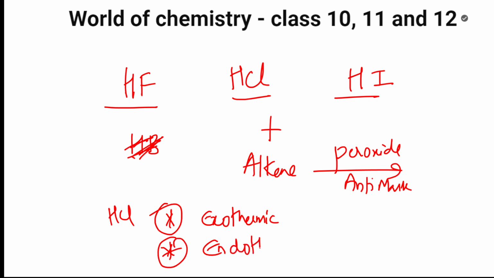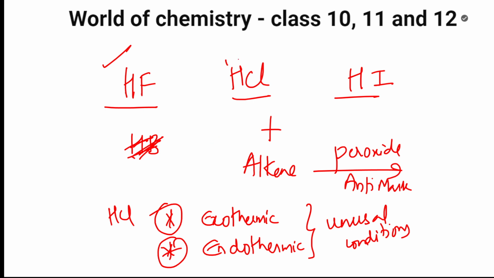So there is a lot of disturbance created; the system gets disturbed, exothermic, endothermic. Because of these unusual conditions, we will not prefer HF addition, HCl addition, or HI addition. In HI addition, there is no exothermic step.